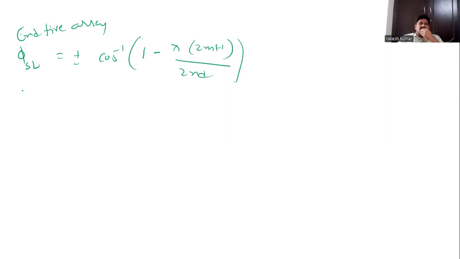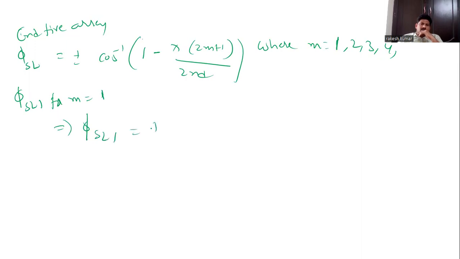Let us take phi SL1, side lobe 1, that is for m is equal to 1, where m is equal to 1, 2, 3, 4. Now substitute here: phi side lobe 1 is equal to plus or minus cos inverse of 1 minus lambda into 3, with m equal to 1.